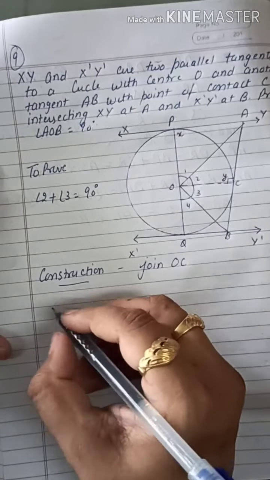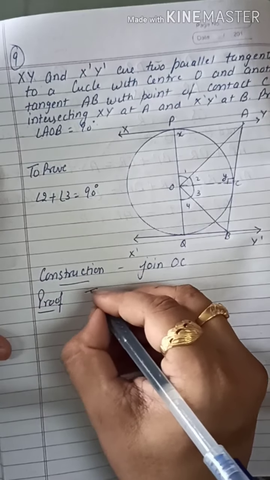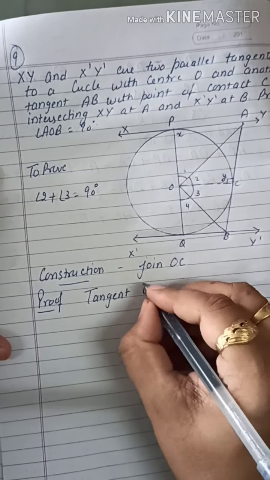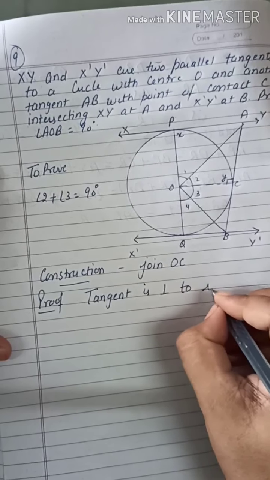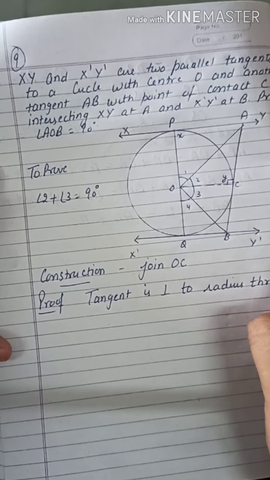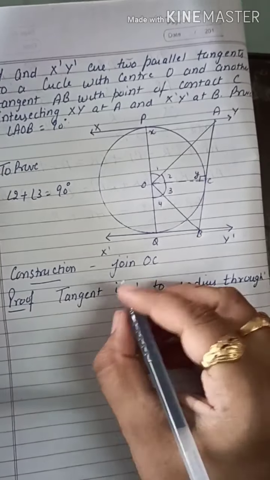So I am going to start my proof with the theorem. Tangent is perpendicular to the radius through the point of contact.